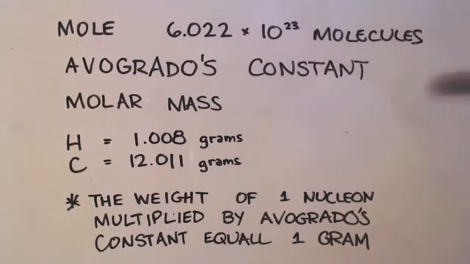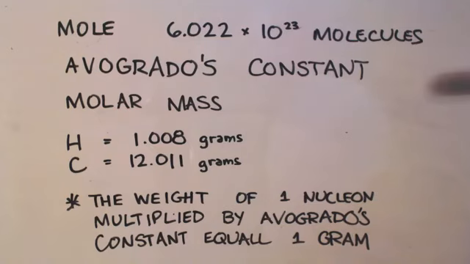That's where Avogadro's constant comes in. The weight of one nucleon, and a nucleon is either a proton or a neutron, just an FYI, people call that a Dalton or an AMU, atomic mass unit, multiplied by Avogadro's constant equals 1 gram.